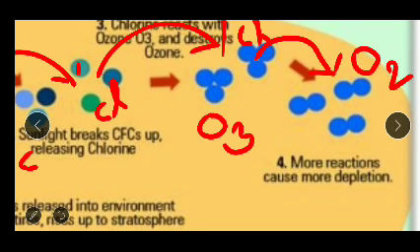These two are O2. These three ozone convert to oxygen. And finally ozone converts to oxygen molecules. This oxygen enters into the troposphere.